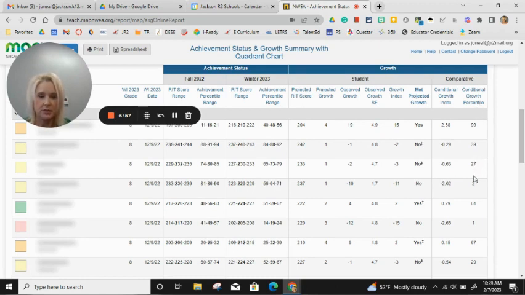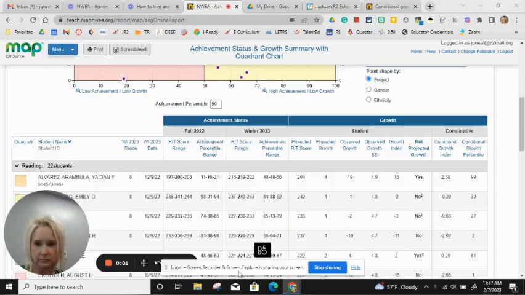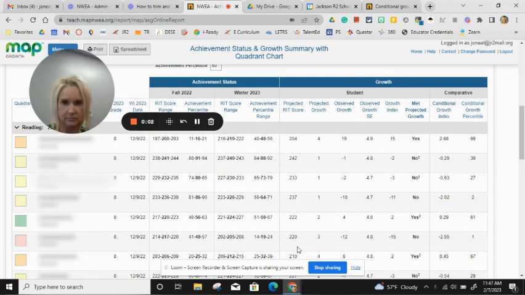This number is used to compare students to other students with similar starting points and similar growth projections. So if you want to compare students, don't use this number. Instead, use this one, which is what is nationally normed. So use this number.